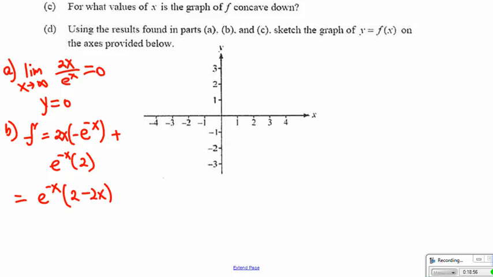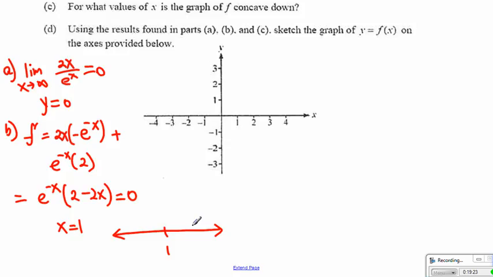2x. Can this ever be equal to 0? Yes, because this portion will never be equal to 0, and 2 minus 2x will be equal to 0 if x equals 1. Now, let's try the simple sign analysis.